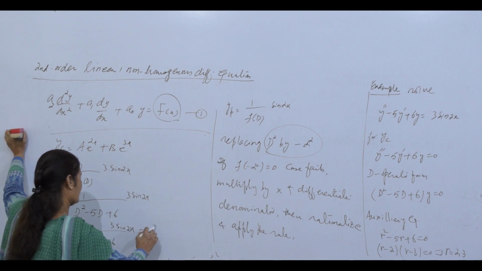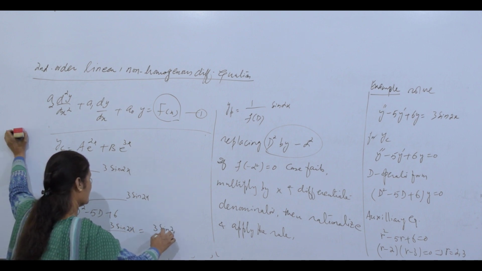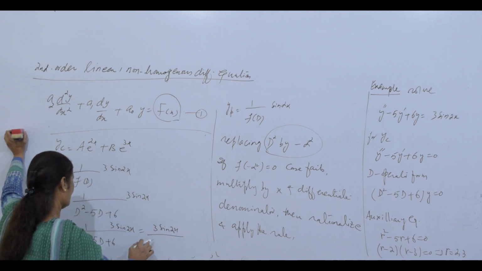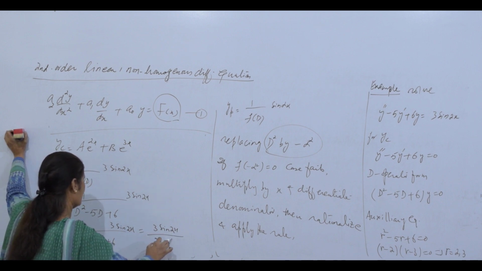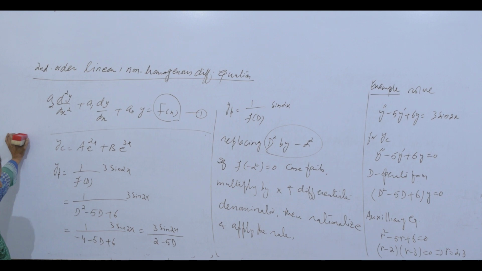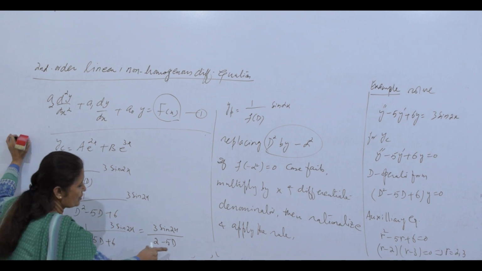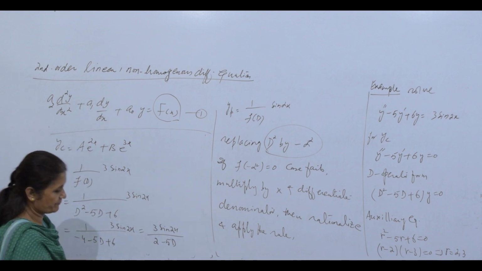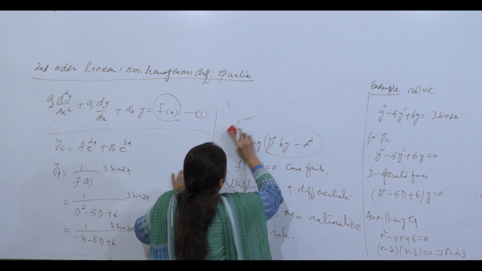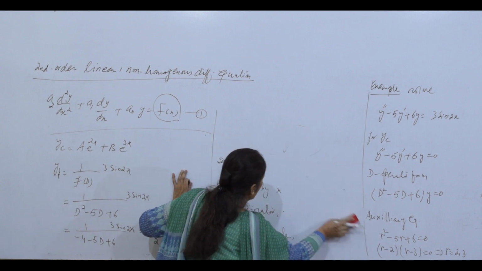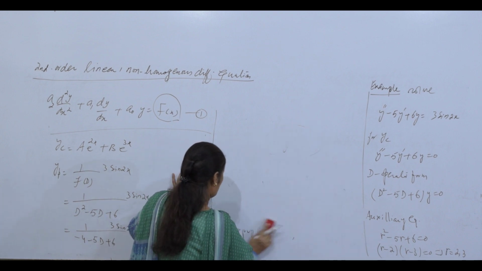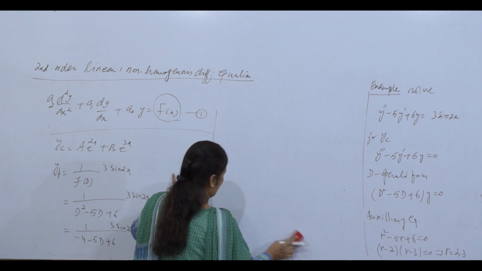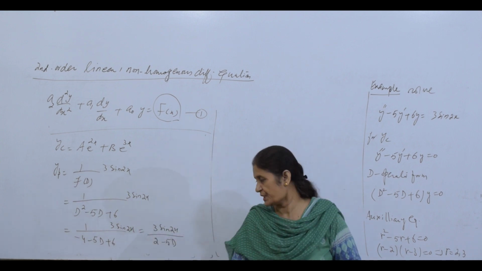So this becomes 3 sine 2x divided by 2 minus 5D. Now at this stage you are going to have D. For this you have to rationalize. Otherwise you cannot make it D square. If you multiply and divide again, D is there. So you have to rationalize, which is the best idea.